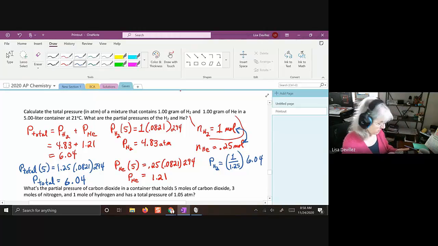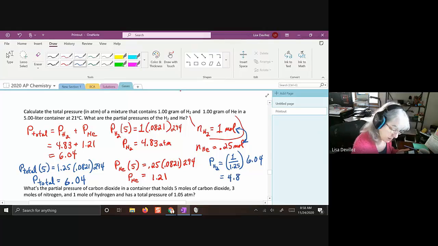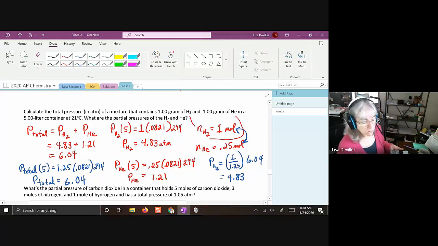So if I do that, 1 divided by 1.25 times 6.04, and I get 4.83. So that's one thing: especially with gases, there's usually multiple ways to attack a problem.